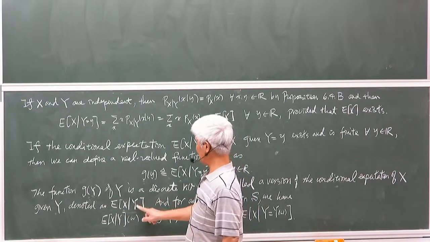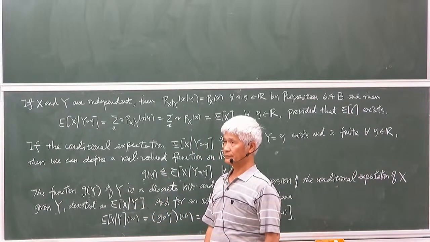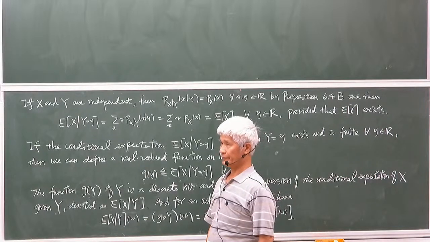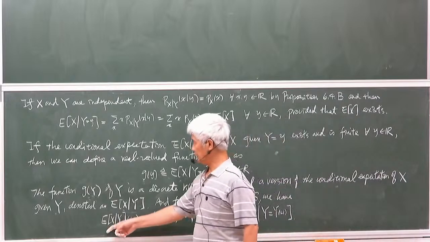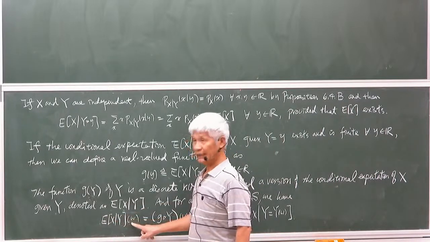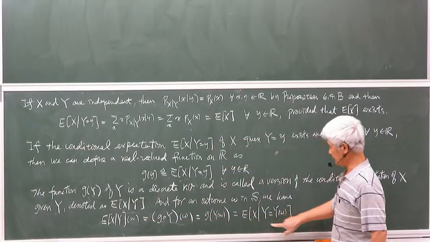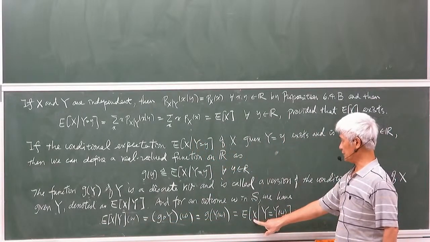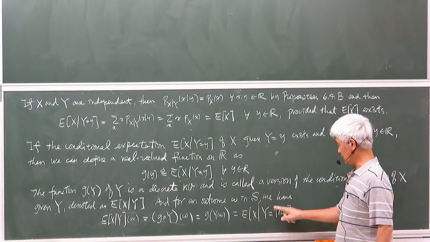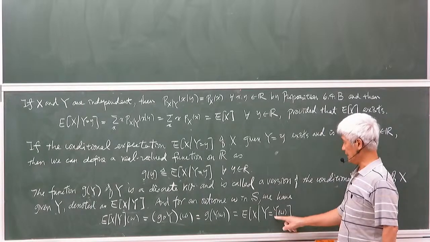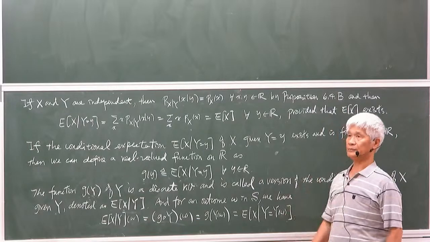Because it's a function of Y, this is a discrete random variable. If you want to evaluate the value of this random variable at a certain outcome, you apply it here. This is exactly equal to the conditional expectation of random variable X, given that the random variable Y equals a specific value, and this specific value is the value of random variable Y at this outcome, omega.